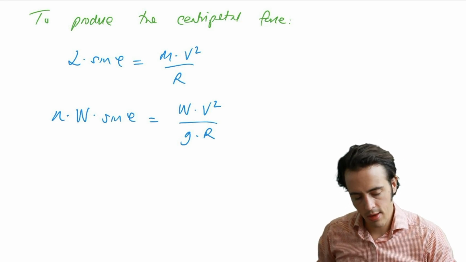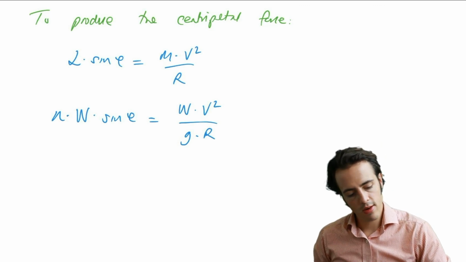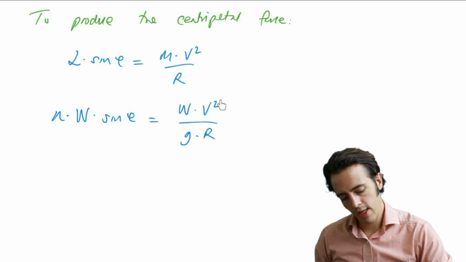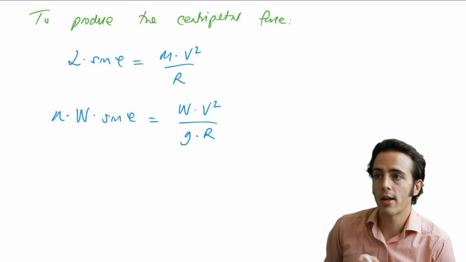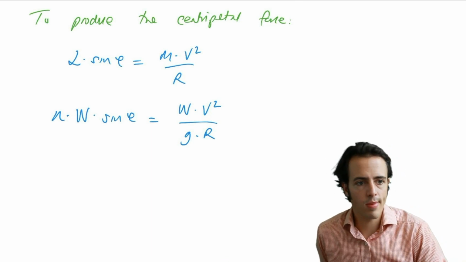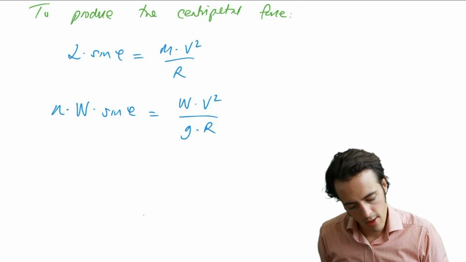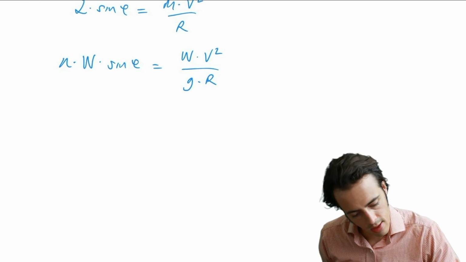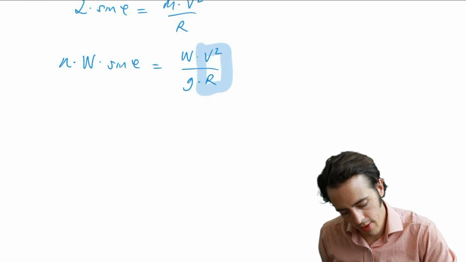So we can then come up with this expression. So we can look at 3 different ways that help us represent v squared on r, because this is going to tell us things about our turn performance. Because this bit is what we want to know.